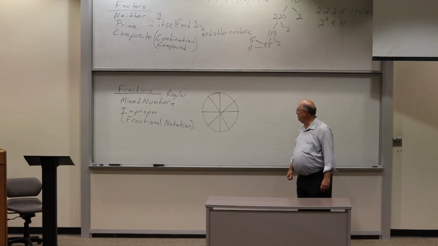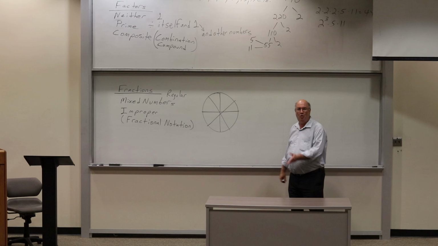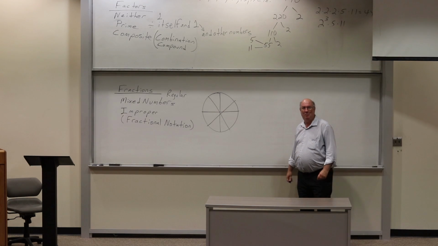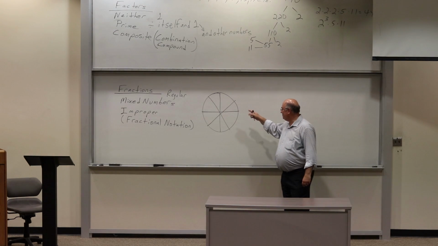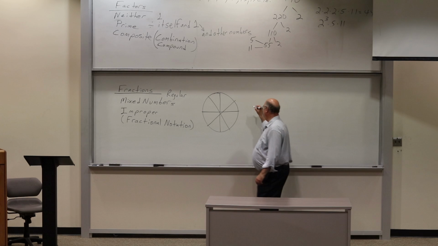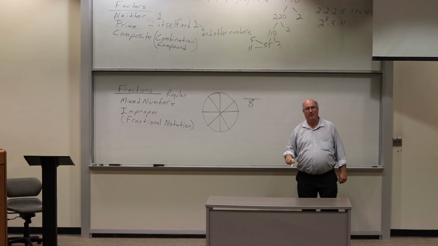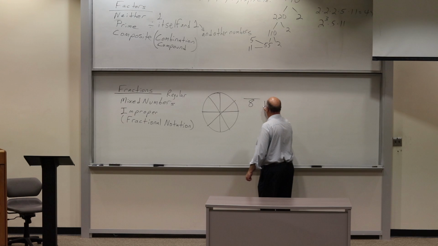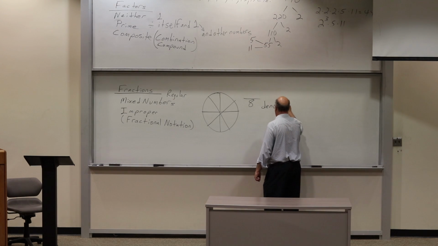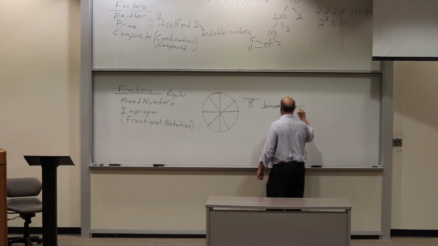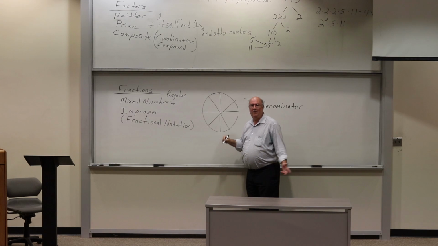If you count them, ignore the artwork, it's not exactly Rembrandt here, there's 8 slices to the pizza, so the total number goes on the bottom. It's called the denominator. How many slices you eat? Let's say I'm eating pizza.